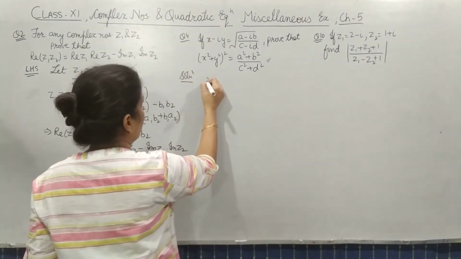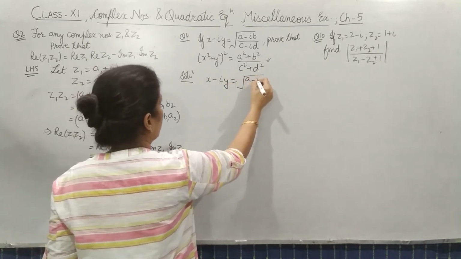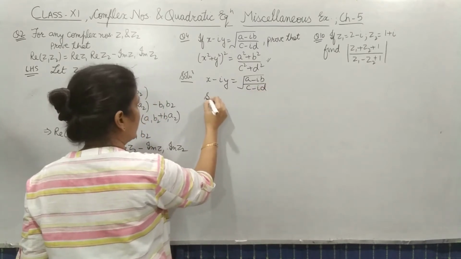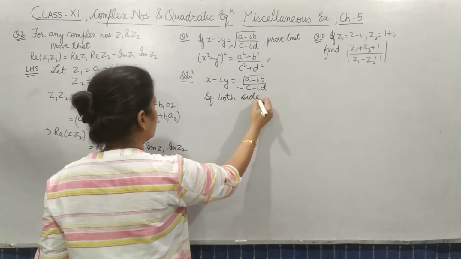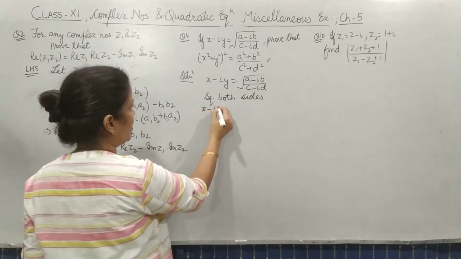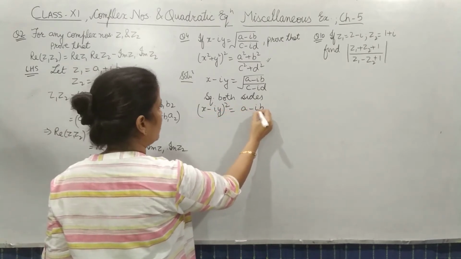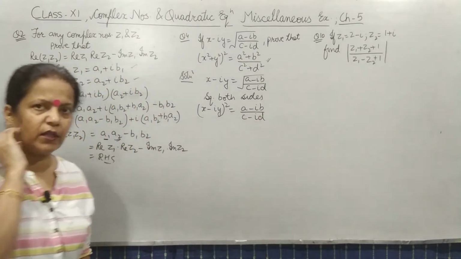So x minus iy equal a minus iota b upon c minus iota d, squaring both sides to remove the square root. Okay, so squaring both sides, x minus iota y whole square equal a minus iota b upon c minus iota d whole square. You will get this thing.